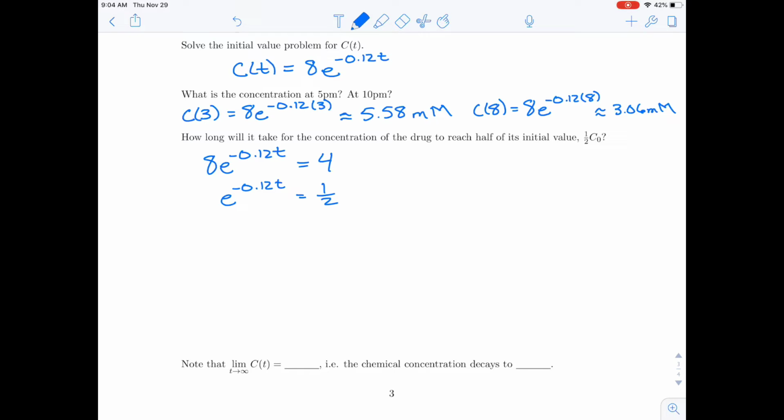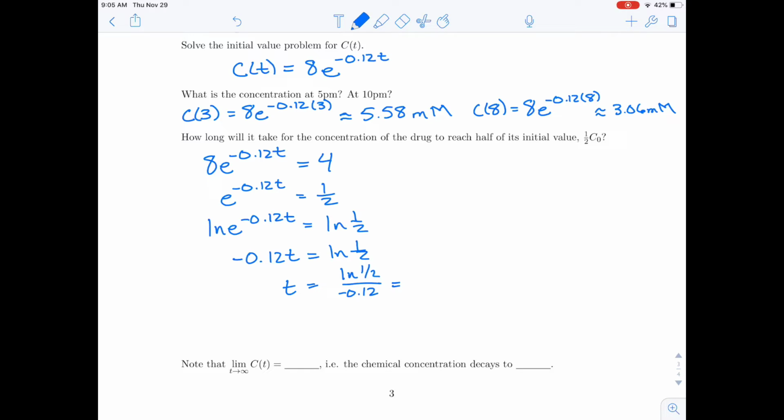We want to isolate t by taking the natural log of both sides. And that leaves us with negative 0.12 t is equal to the natural log of 1/2. And that tells us that t is equal to the natural log of 1/2 divided by negative 0.12.